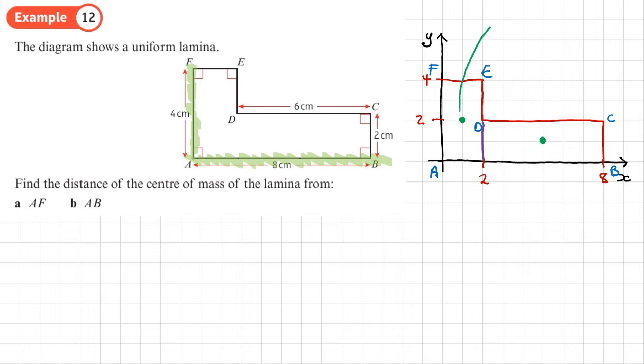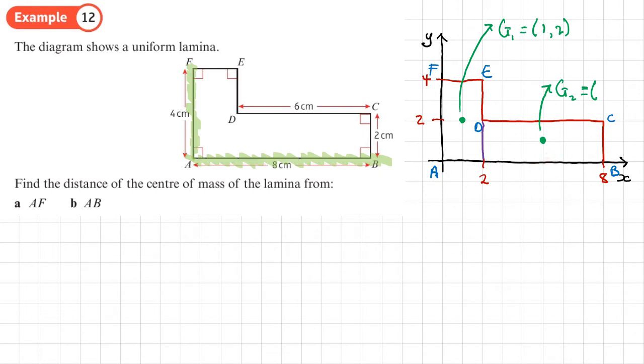If I call this G1, for example, that is (1, 2). And for this one here, if I call this G2, then for that center of mass, I need to make sure I've got the coordinates right: halfway between 2 and 8 is going to be 5.